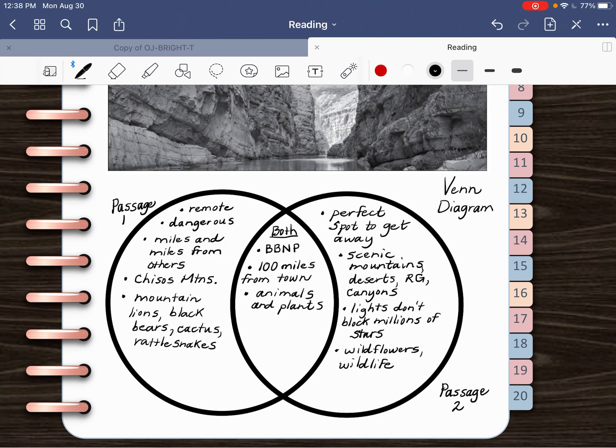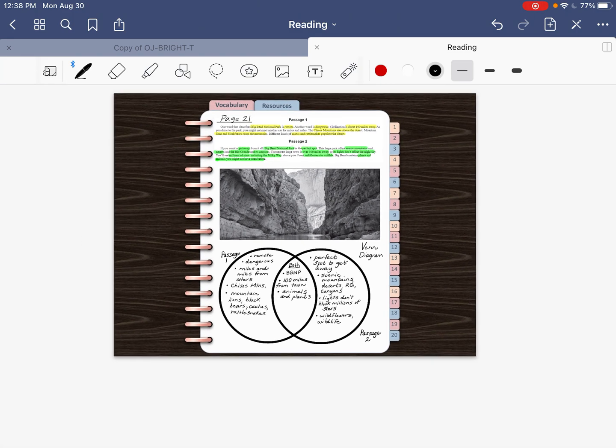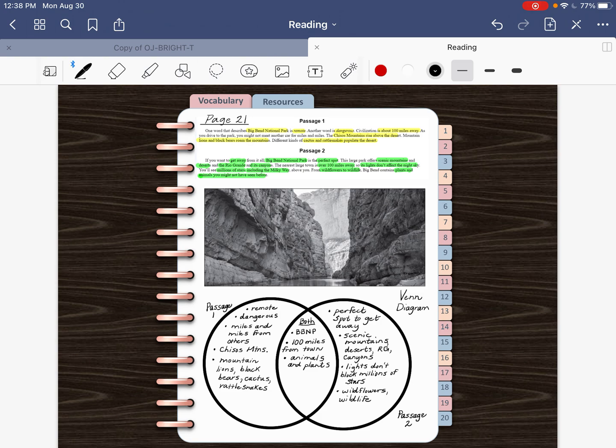So even though they have some similarities, the point of view is very different. And there were no questions about this particular one, so I'm going to stop this video. This was just to show you how to use a Venn diagram. And in the next video, we will practice using another Venn diagram to read about Aaron Burr and Alexander Hamilton.